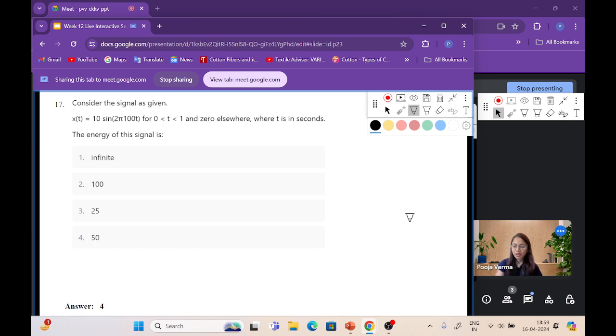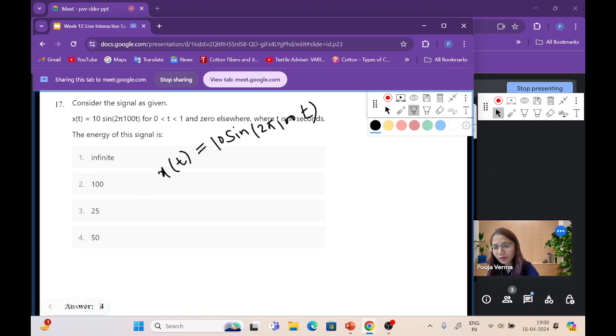What is the energy of that signal? So the signal is given as x of t equal to 10 sine 2 pi 100t. Now we need to find out the energy of that signal.